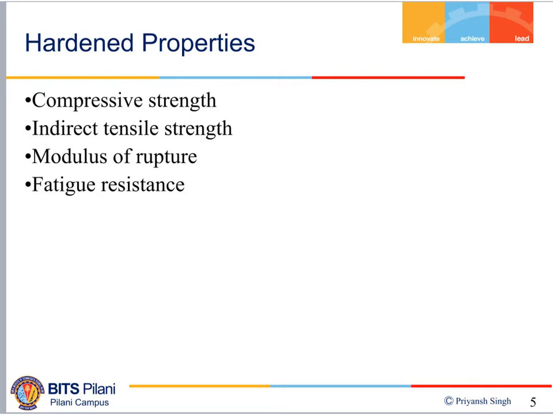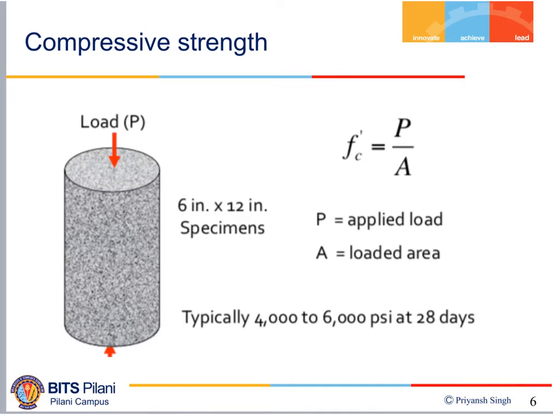So after freshly preparing the concrete, you will cast some samples and you need to test that sample for these parameters in order to assess the concrete strength. Let's see one by one how these tests will be conducted and what these parameters are.